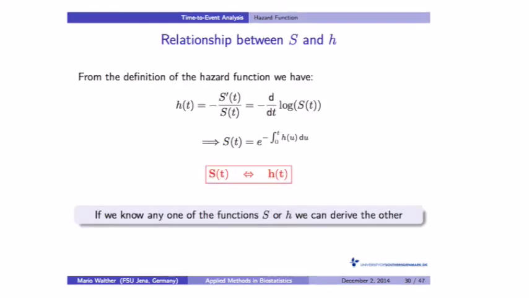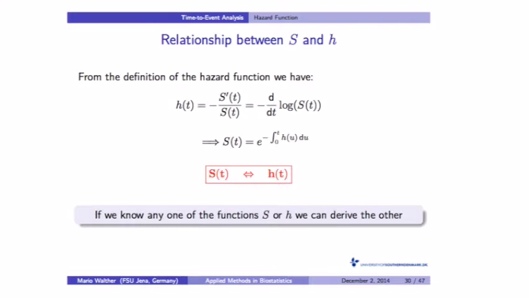The only information you should take from this slide is that if you know the survival function, you can deduce the hazard rate function, and vice versa. If you know the hazard rate function, you can get the survival function.